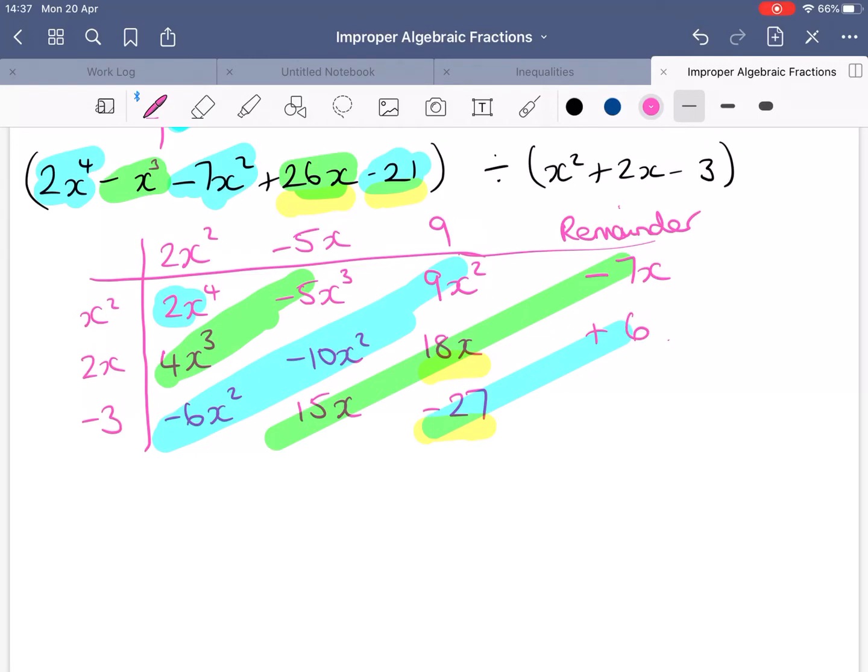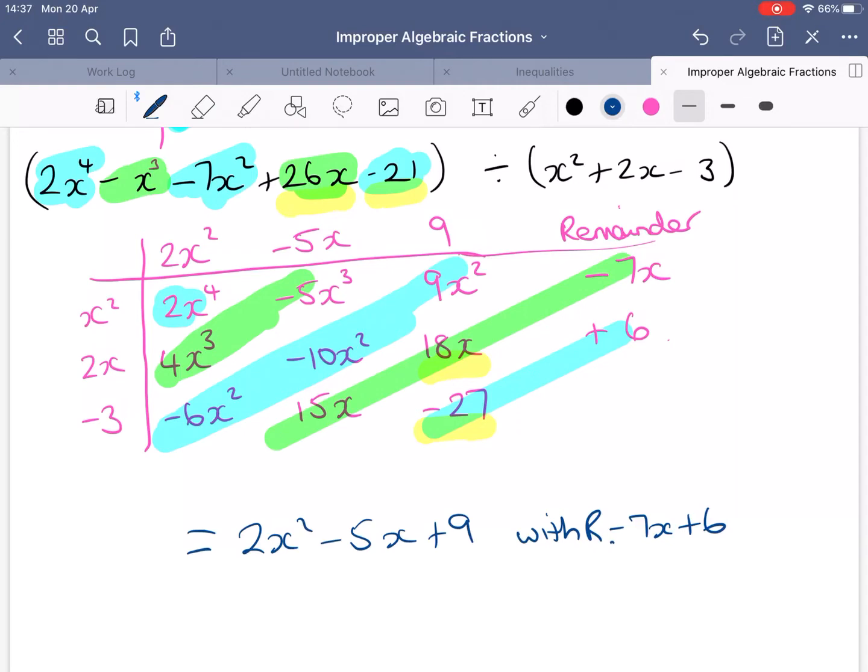And that becomes my remainder. So my answer to that big polynomial divided by that quadratic is written like this. My answer is 2x squared minus 5x plus 9 with, you could say, minus 7x plus 6 as my remainder.